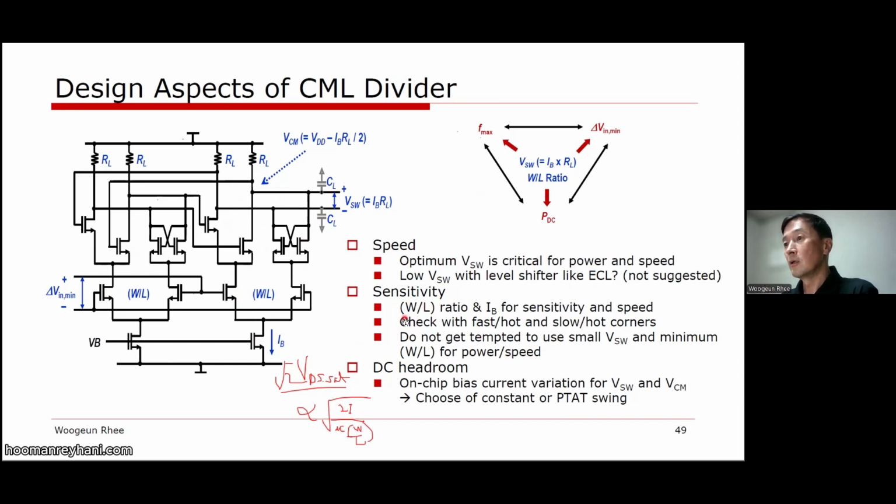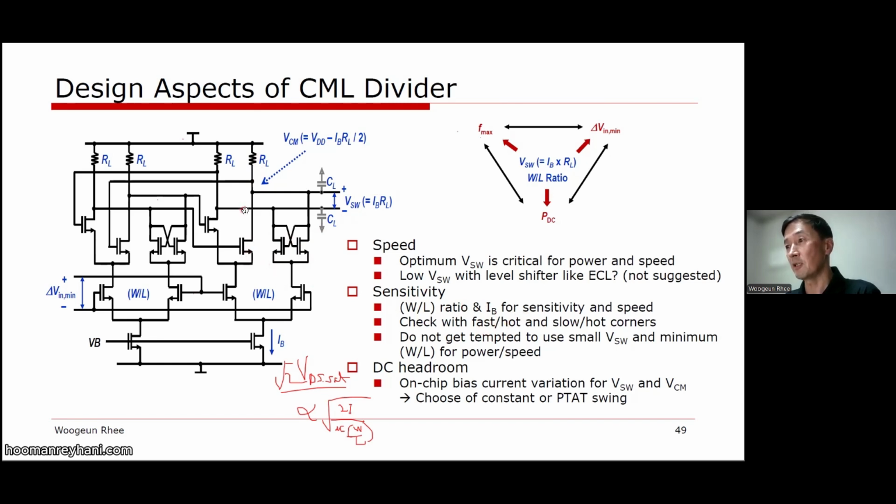Usually speed is worst at hot temperature and slow corner, because of high R with a slow corner and low mobility, so this will give the lowest speed. But sensitivity might be worst for the fast corner, because fast corner means resistor R is smaller and hot temperature means mobility is low, so this one doesn't have enough gain.